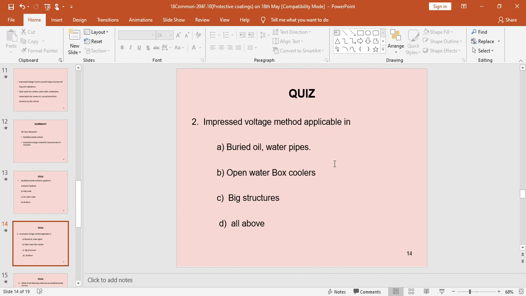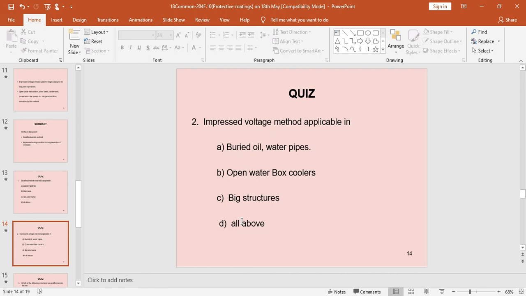Next, see the second question. The impressed voltage method is applicable in A. Buried oil and water pipes, B. Open water box coolers, C. Big structures, D. All the above. Which is the correct answer?